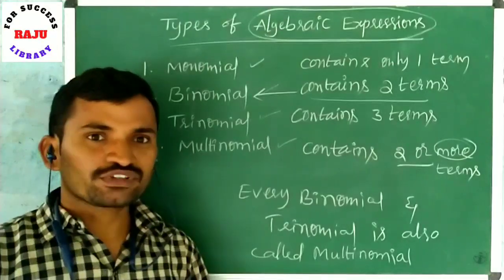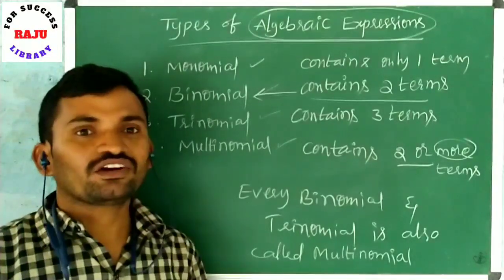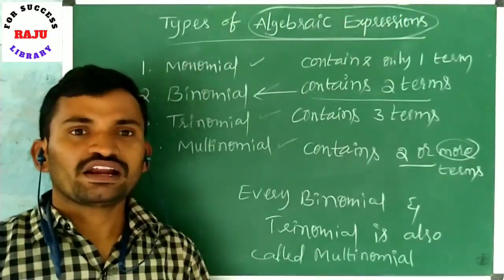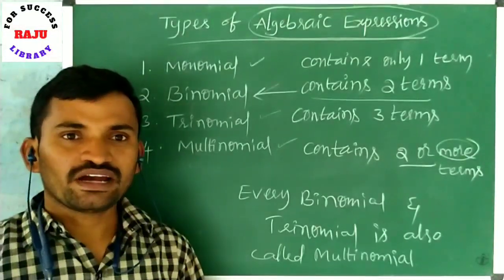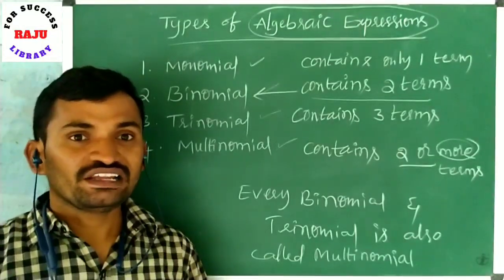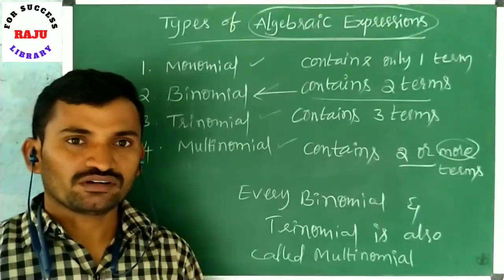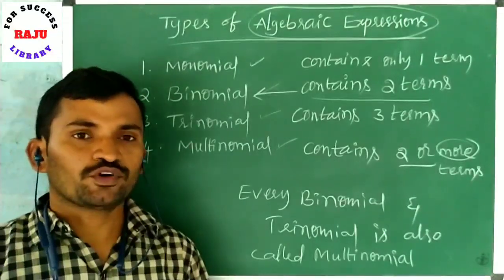If an algebraic expression contains 6 terms, can we say it is a trinomial? We cannot say. The main thing is every binomial and trinomial is also called a multinomial, but every multinomial need not be a binomial or a trinomial. It is important. Okay.